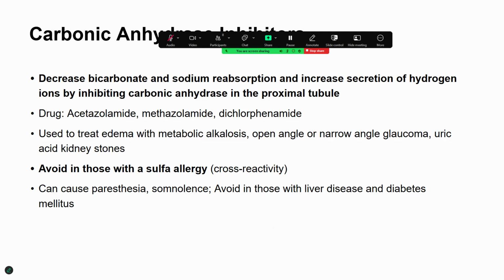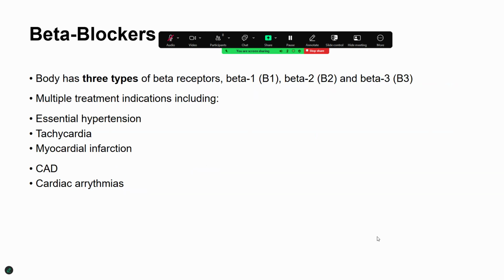Moving on to beta blockers, 3 different types, beta 1, beta 2, and beta 3. You'll see them with hypertension, tachycardia, MI, coronary artery disease, and cardiac arrhythmias. Those are your ones that end in OL. There's non-selective, which binds B1 and B2: propranolol, carvedilol.